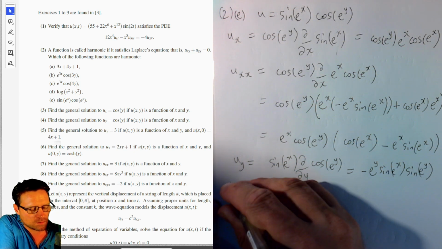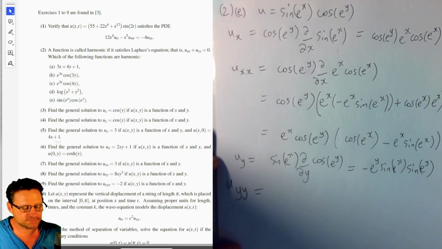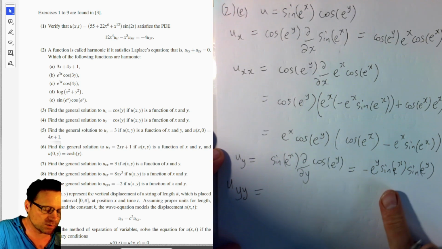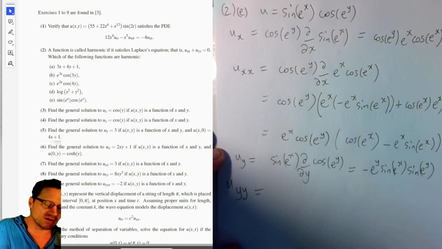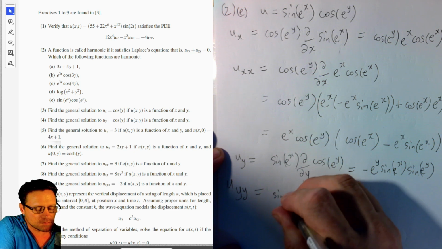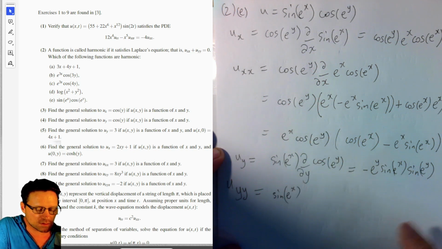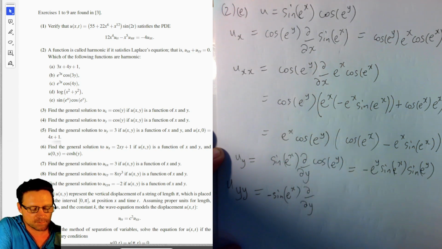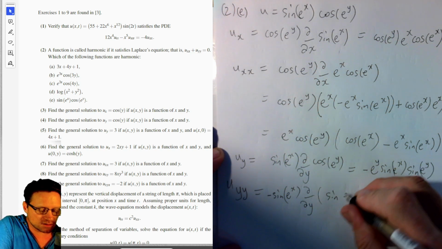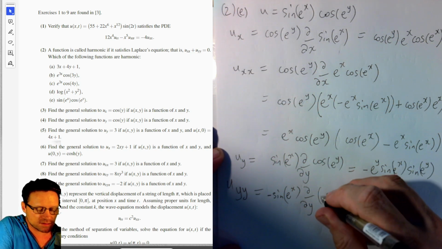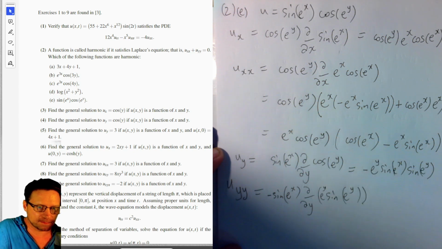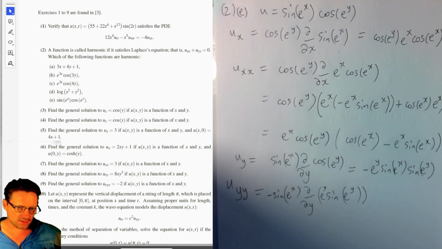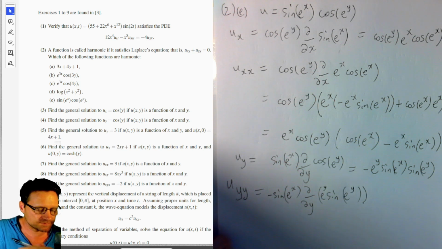So u_yy is, now we will let that sine e to the x come out in front. Okay, let's bring the minus sign with that. And then we are differentiating sine e to the y, and then another e to the y in front of that. All right, great. So we need the product rule for this.